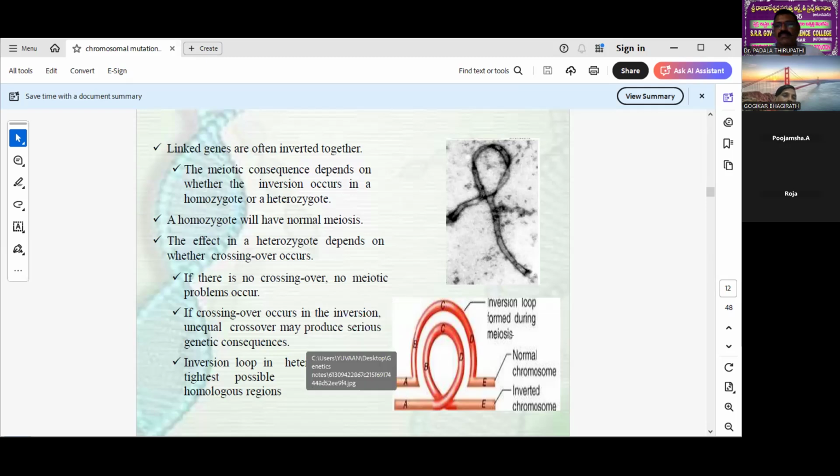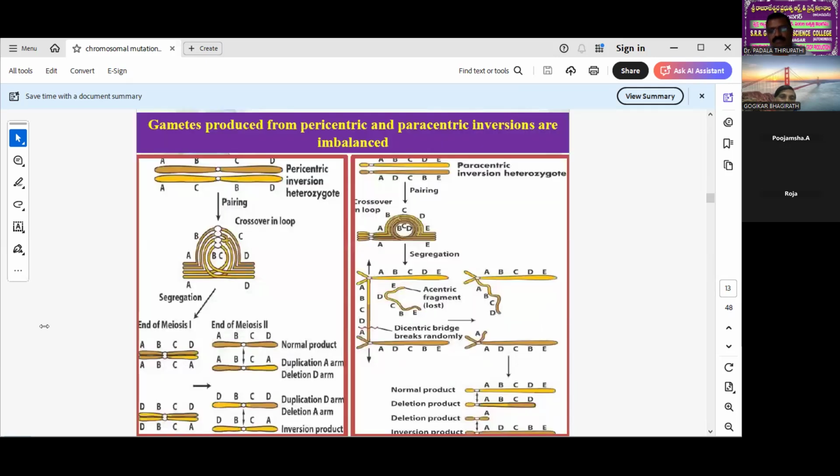With normal gene sequence and inverted chromosome sequence, an inversion loop is formed during meiosis, which causes different classes of gametes also. The inversion loop in a heterozygote forms the tightest possible alignment of homologous regions. This electron microscope photograph indicates the chromosome undergoing the inversion process.